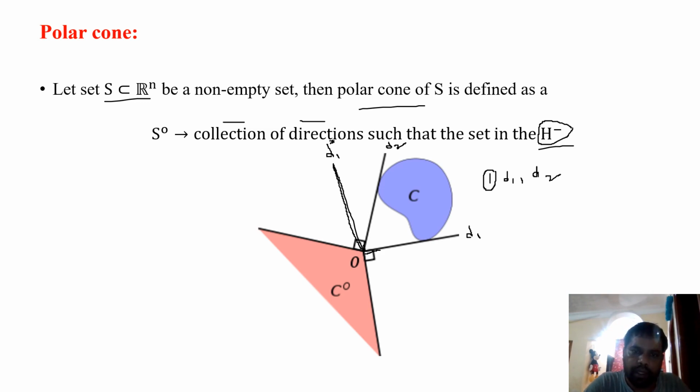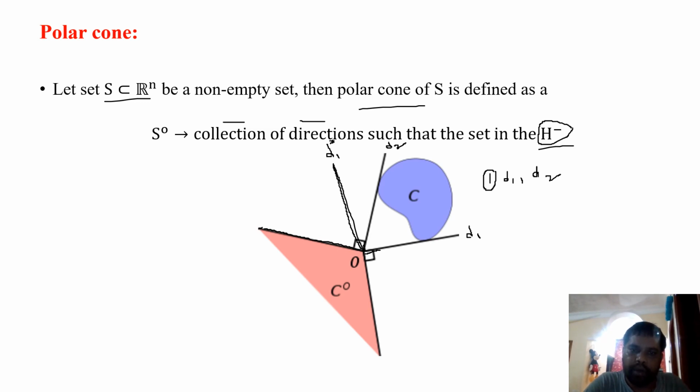Draw the perpendicular here. It is already given here. Actually, better to consider this: in order to calculate the dual cone, so sorry, the polar cone, I would like to give another name to this one.